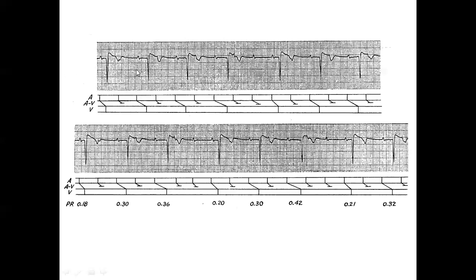So the patient has a 2-to-1 AV block: conducted, blocked, conducted, blocked, conducted, blocked. But among those conducted beats, there's a Wenckebach phenomenon. So you can have two kinds of block: 2-to-1, while among the conducted beats, there's a Wenckebach phenomenon.